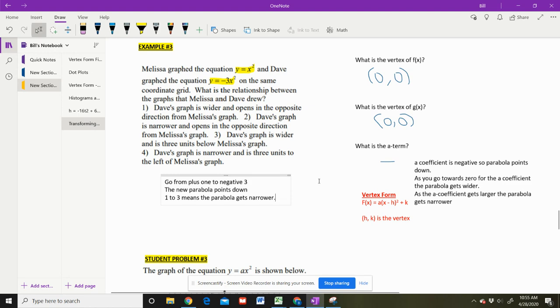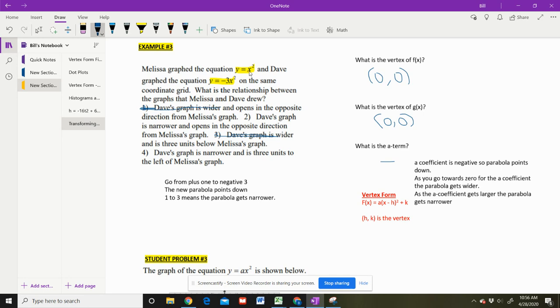All right, so now if we look at this, for this one, what's the answer? Dave's graph is wider. Nope, it's not going to be wider. It's going to be narrower. Dave's graph is narrower. Good. This one says it's wider, so we can eliminate 3. We can eliminate 1. Dave's graph is narrower, so it's either 2 or 4. It's narrower and opens in the opposite direction from Melissa's graph.